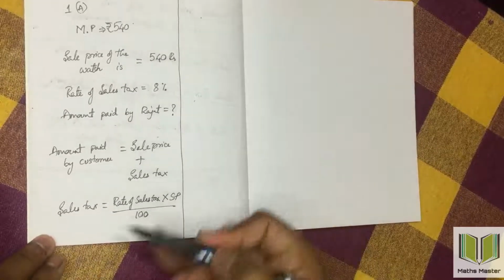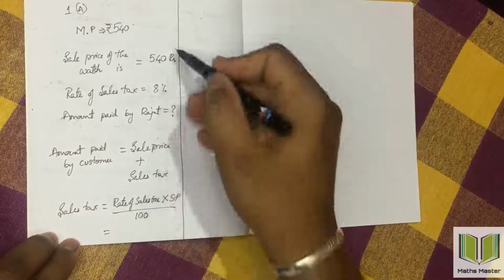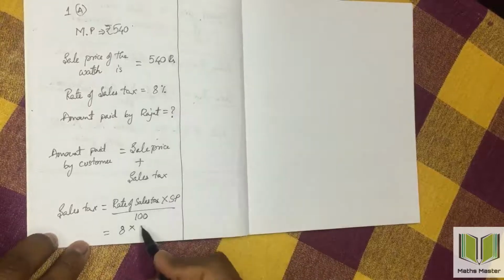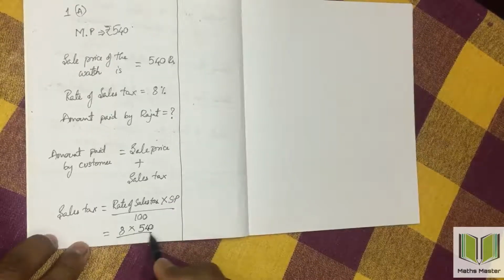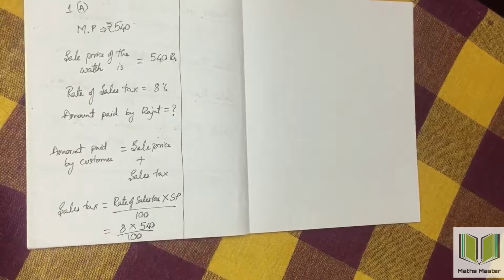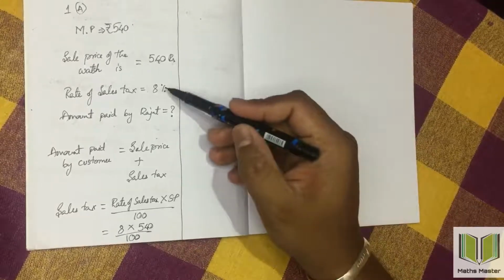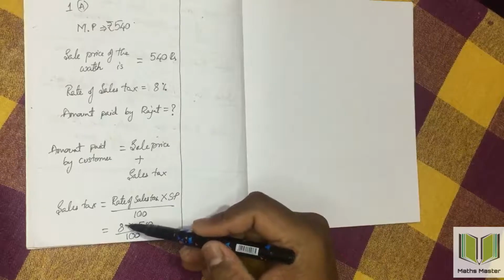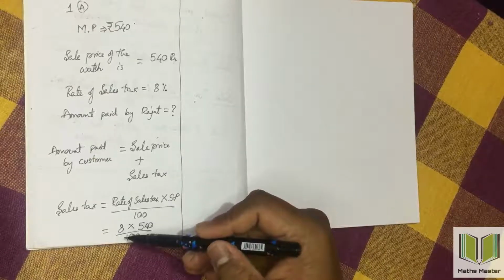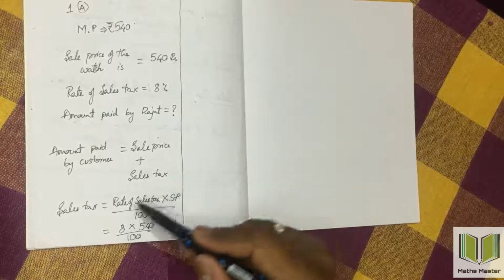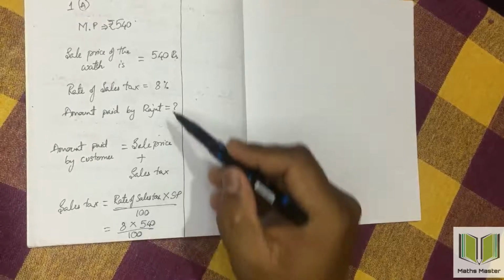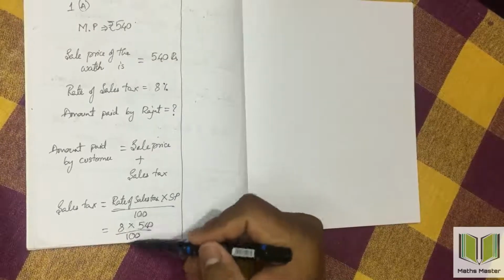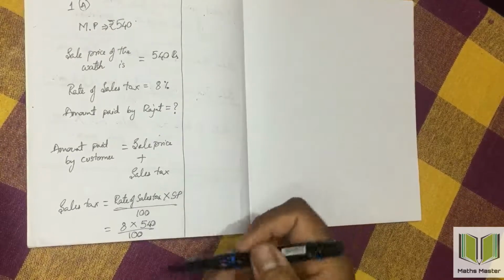Applying all the values which we know, rate of sales tax is 8%, so 8 multiplied with 540 divided by 100. For absolute beginners, please have a look at this. For 8%, we don't include the percent sign here. If I write it as 8%, I need to write it down as 8 by 100, which is not the right way of doing it. The moment they ask rate of sales tax, it includes just the number part. This division by 100 is already included over here, so you don't have to redo the division part.